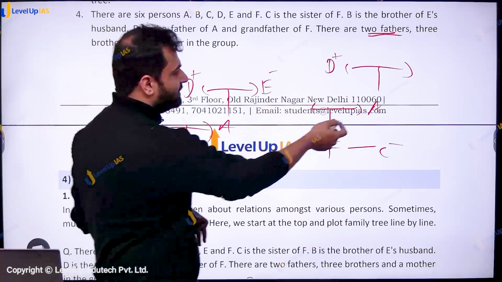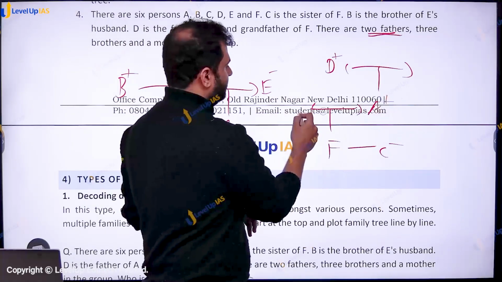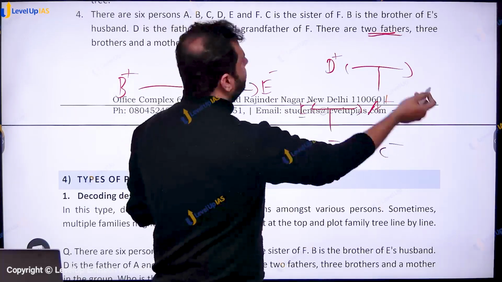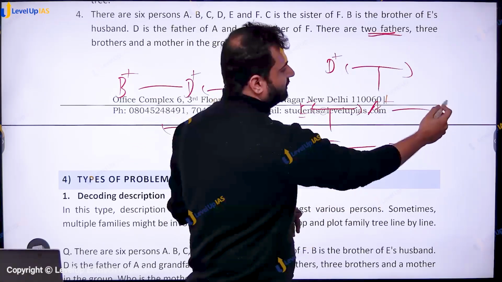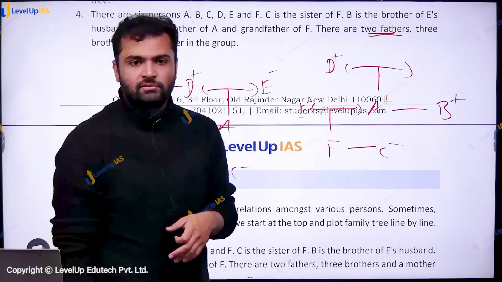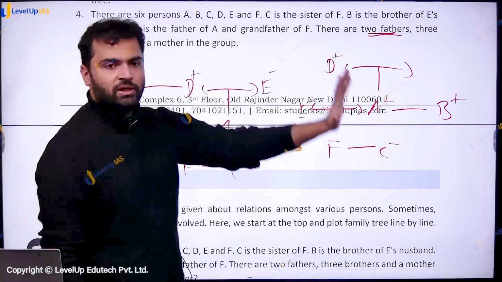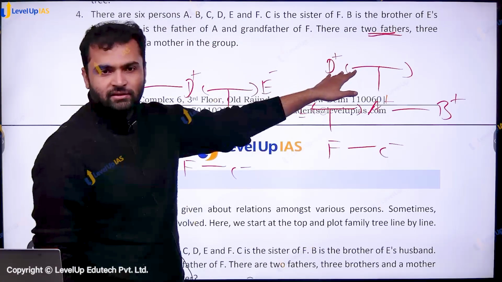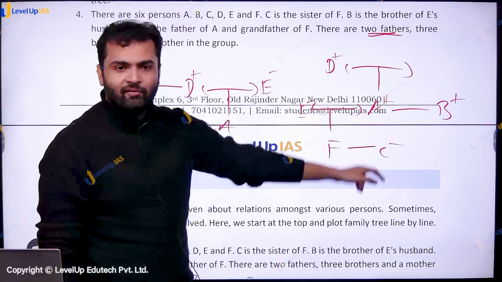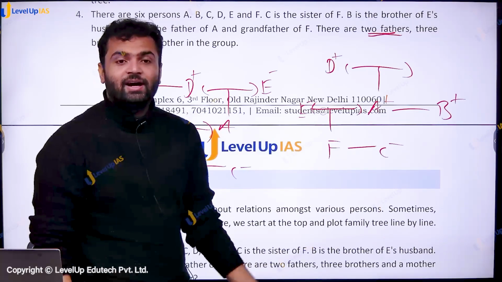And another is E's husband is A and his brother is B. Yes, in both, who can be E's husband? It can either be grandfather or it can be Papa. Husband.